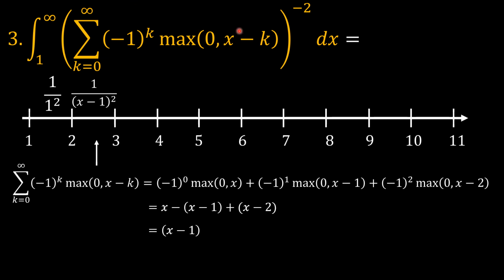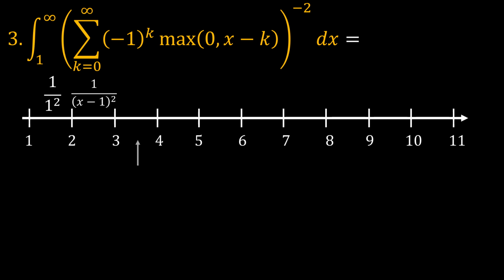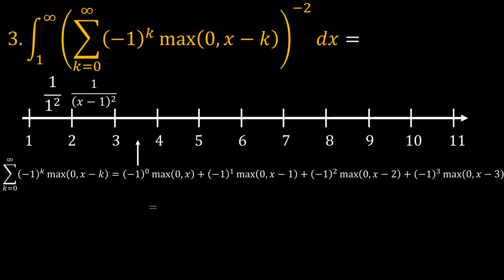So this entire summation, the reciprocal of the square of the summation, is what we're looking at here. And then we go on to the third portion. We continue, and this goes up to 3, but obviously there's a negative 1 here, so you add all this and we get 2. So in this interval we have 1 over 2 squared.